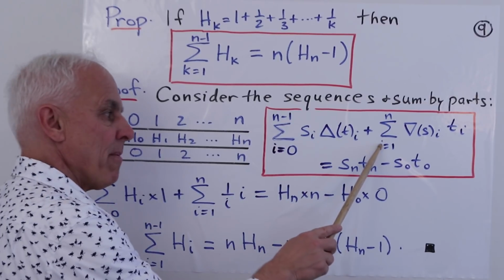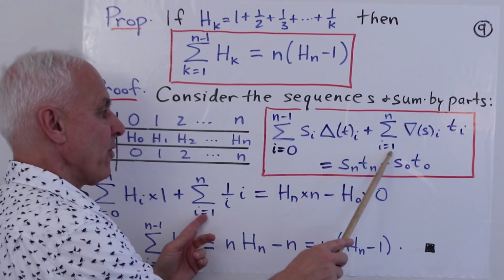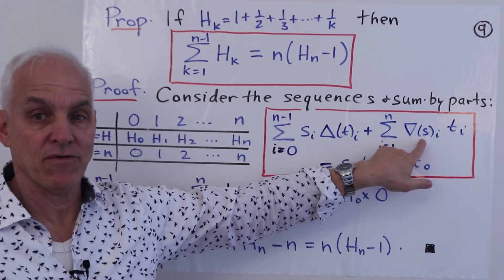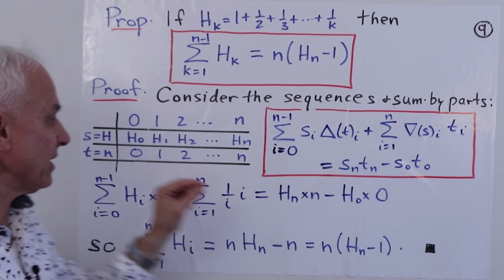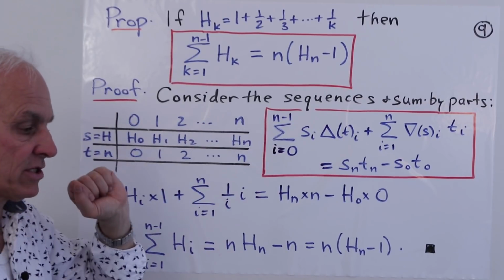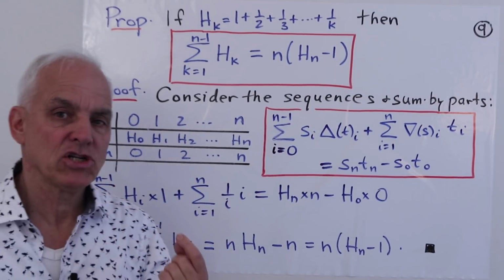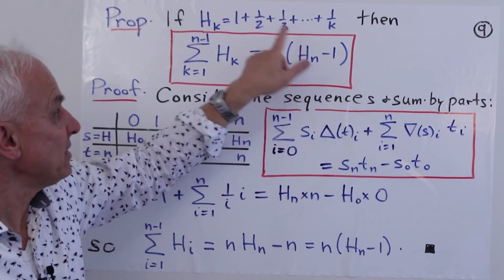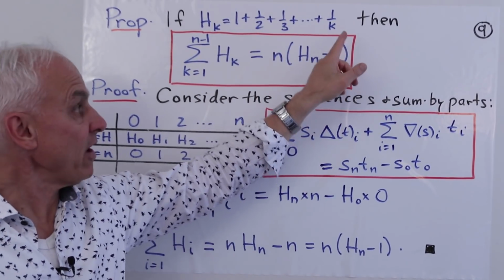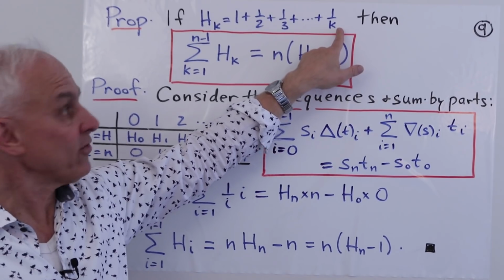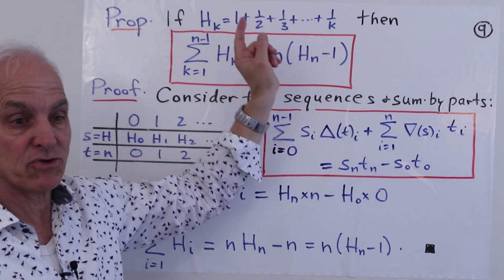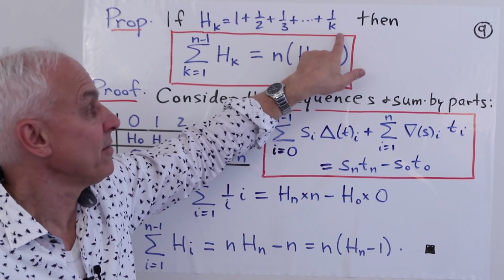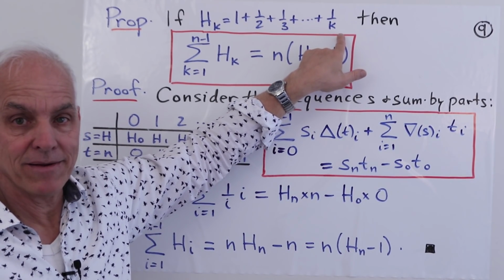In the second sum, we're going from i equals 1 to n, and now we're taking the backward differences of the S's, that is, the backward differences of the h's. But the h's themselves are defined in terms of a summation. So if you take the difference between two successive elements, let's say you take h sub k and subtract h sub k minus 1, then you're only going to get the 1 over k.